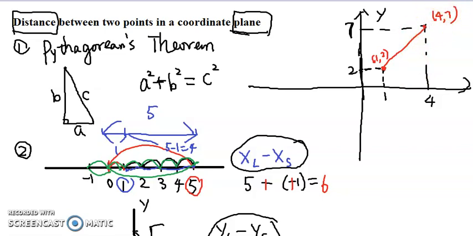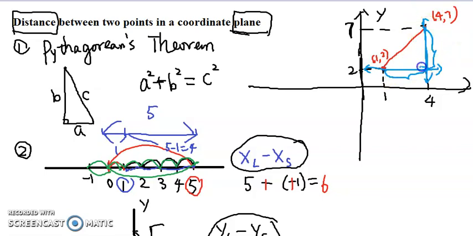We're going to create a vertical line and a horizontal line. On this horizontal line, we will be able to use the one-dimensional distance formula. And on this vertical line, we will also be able to use the one-dimensional distance formula. And so we can find this distance and that distance.